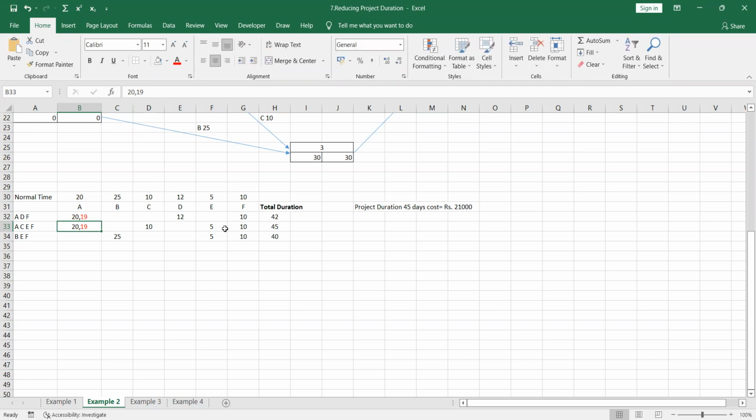So when we reduce activity A by 1 day, the total duration is 41 here and 44 here.